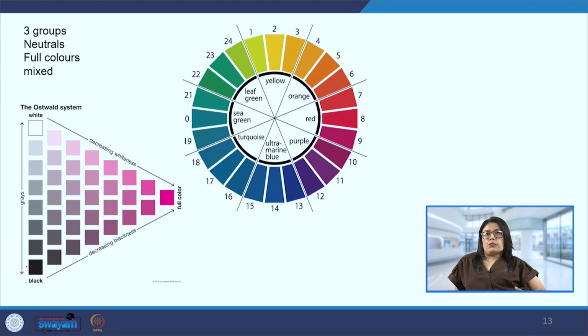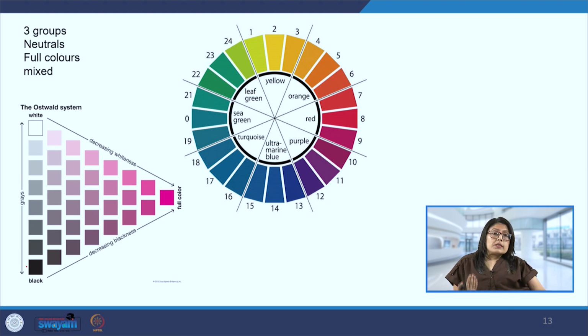But the limitation here was that each color or each hue would have the same number of intermediate colors, like we can see here. For the hue green also we will have the same number of intermediate colors and so on.